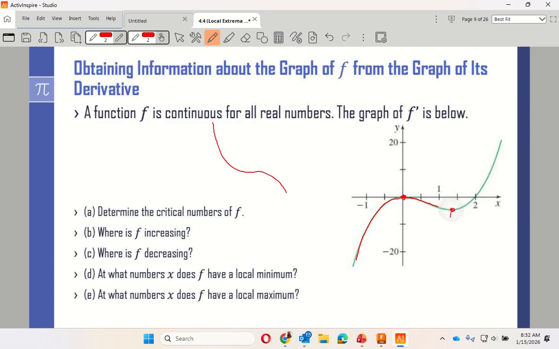Then at this point right here, it goes from decreasing at an increasing rate, and over here, now it's decreasing at a decreasing rate. So right here, it's decreasing at a decreasing rate. It's decreasing at an increasing rate.